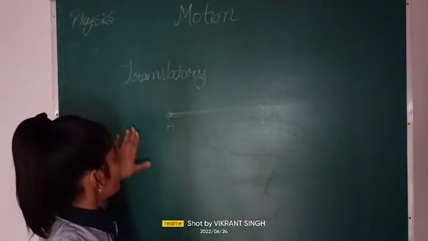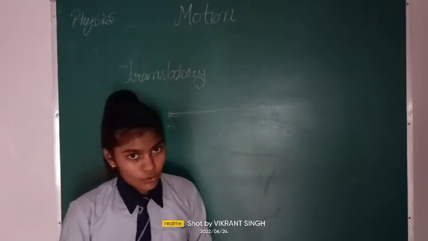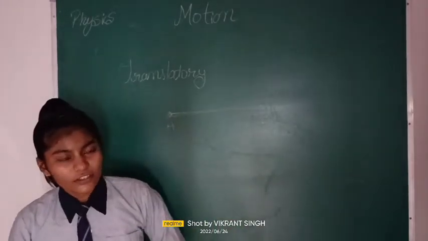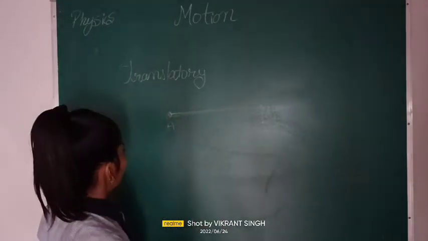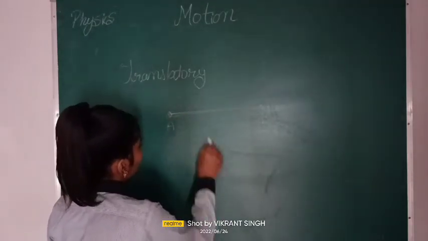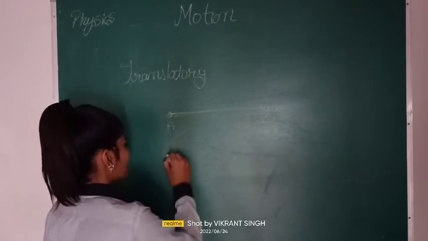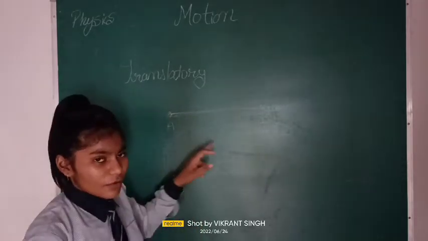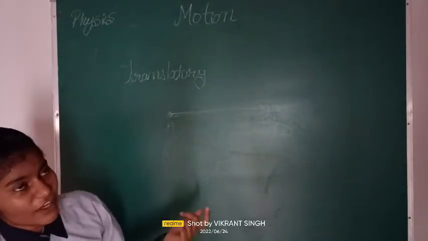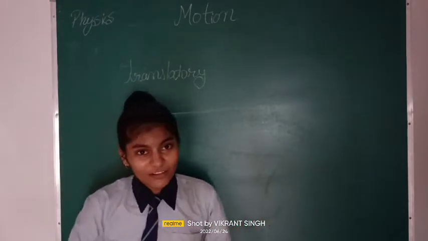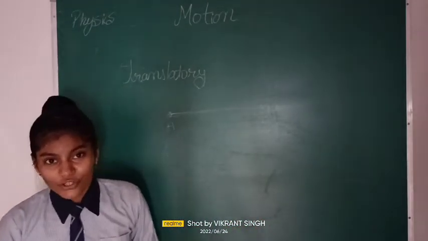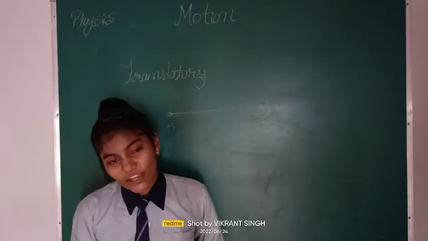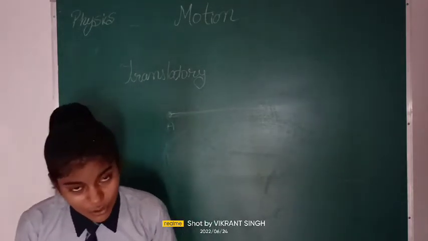Now we have circular motion; the term itself gives us a hint that the path is a circle. For example, when athletes run around a circular track, that is circular motion. And next we have rotational motion.